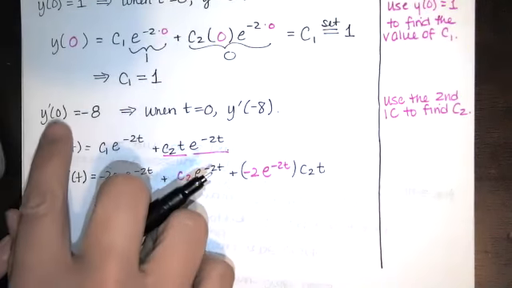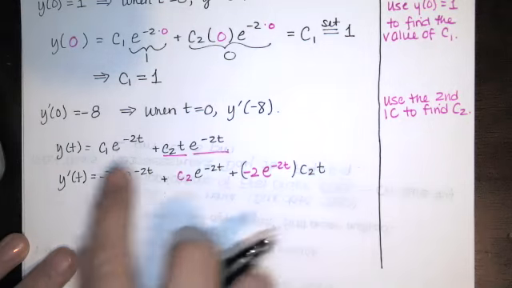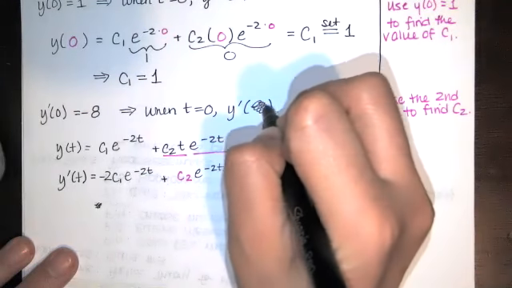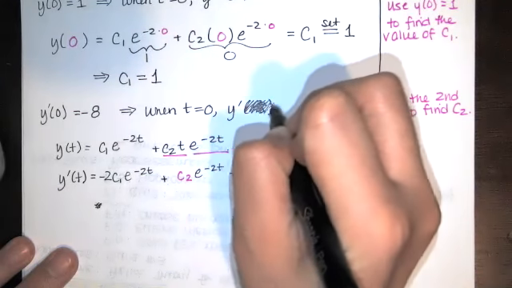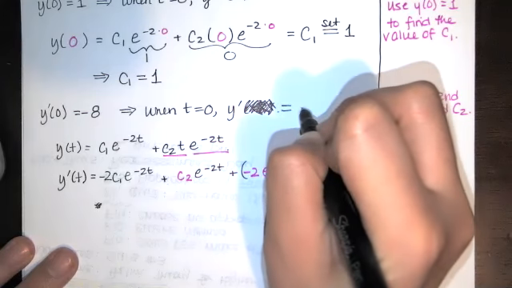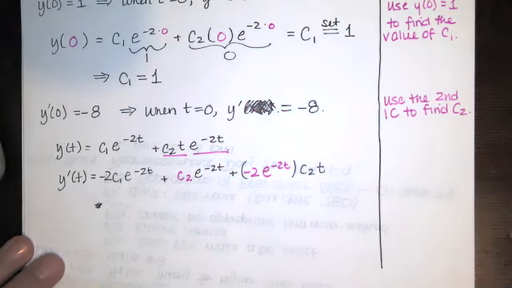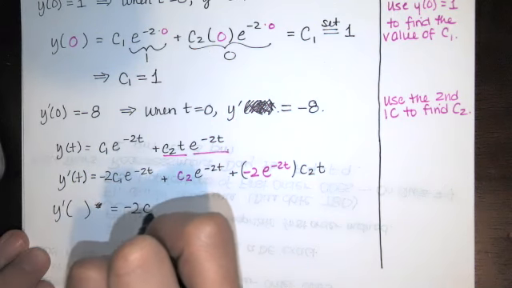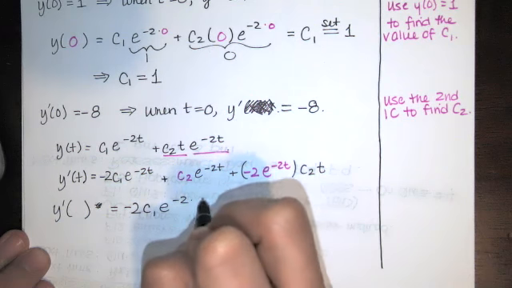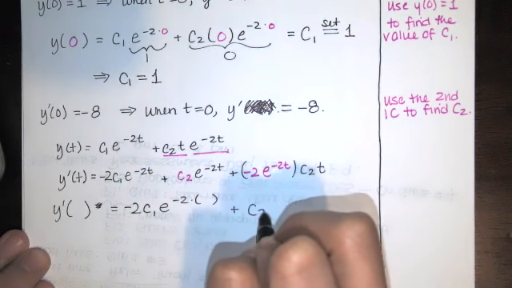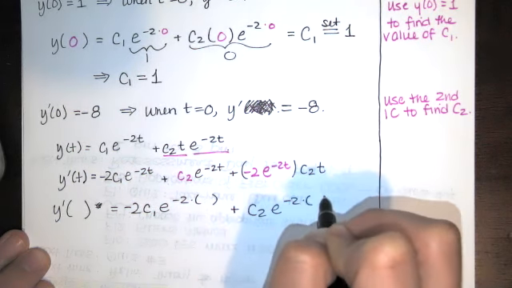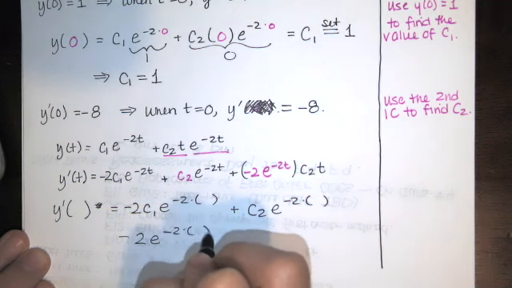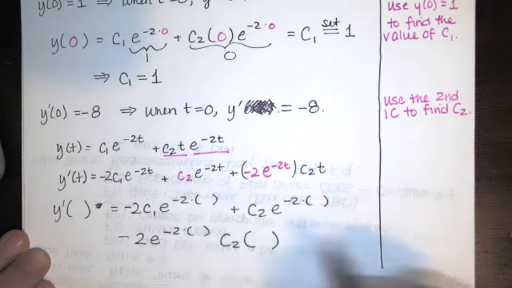Now let's substitute t equals 0 here. When t equals 0, y prime is equal to -8. So we'll plug in 0 and see what we get.